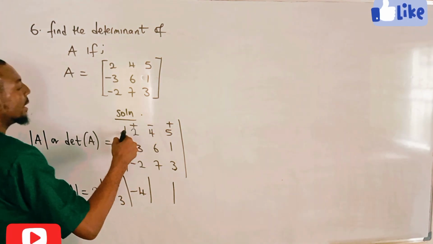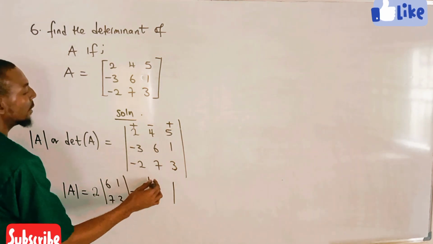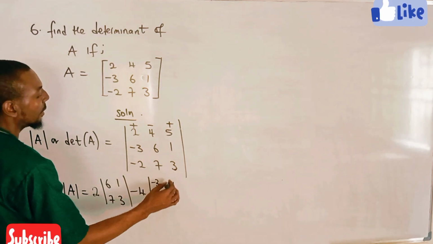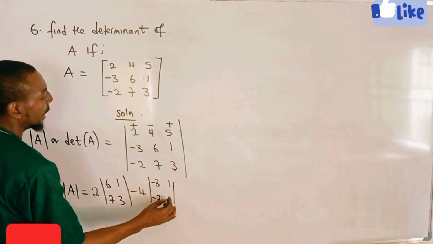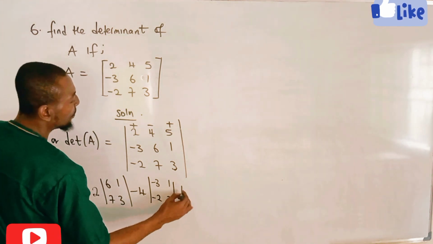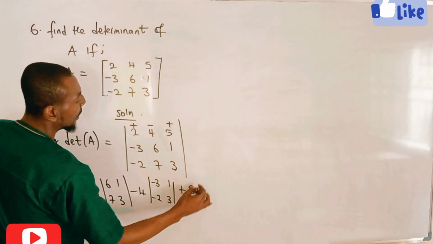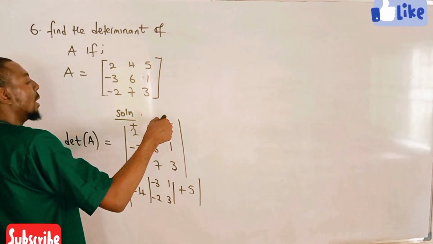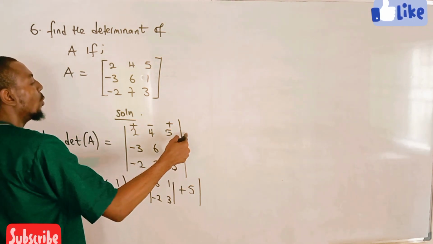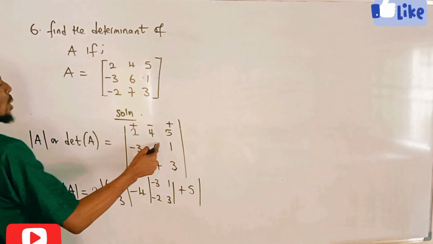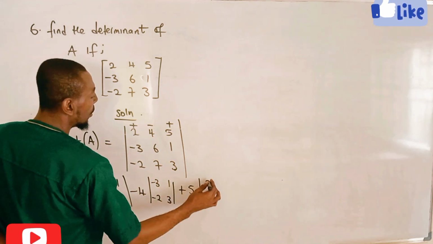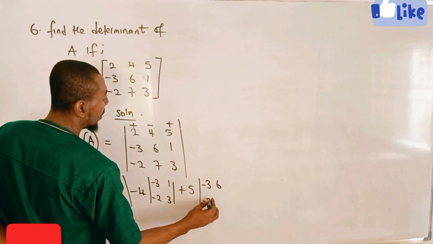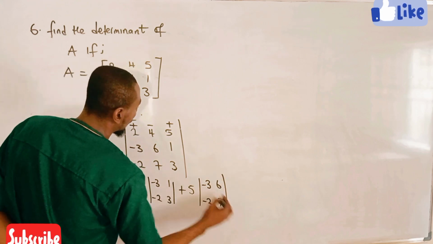The numbers left are minus 3, 1, minus 2, and 3. Then we have plus 5 into, we pivot 5 now, rule out this column and this row, and the numbers left are minus 3, 6, minus 2, 7.